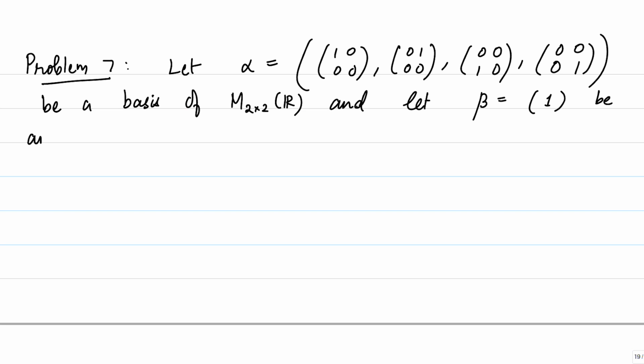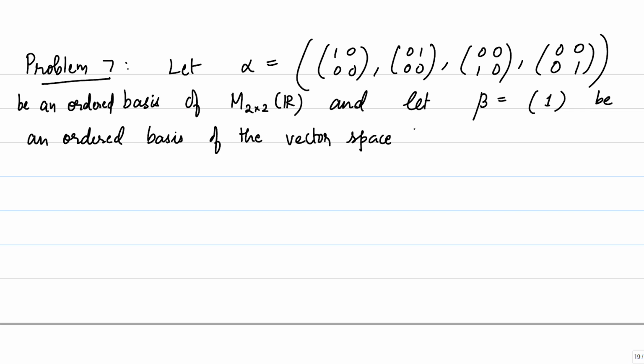So both are ordered bases. Here R is being considered as a vector space over itself, so any non-zero element will turn out to be a basis, right? It's a dimension 1 vector space.